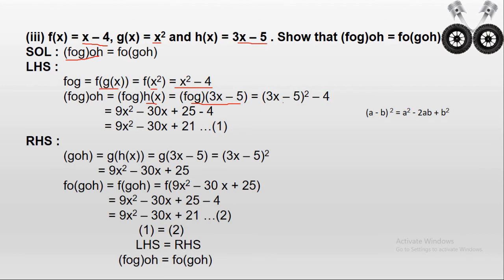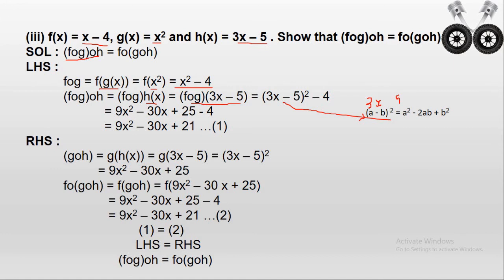It is like the formula (a minus b) whole squared. The (a minus b) whole squared formula is a squared minus 2ab plus b squared. What is the value of a here? The value of a is 3x and the value of b is 5. So (3x) whole squared minus 2 into 3x into 5 plus 5 squared.